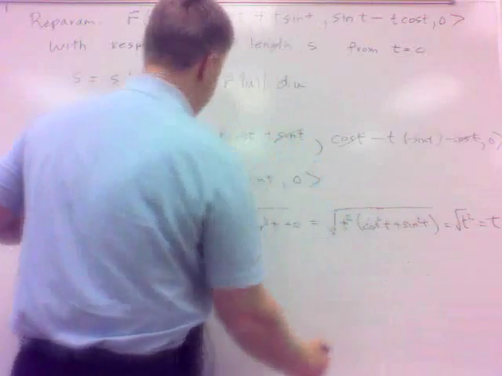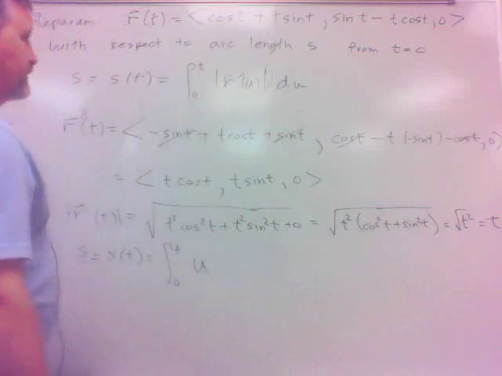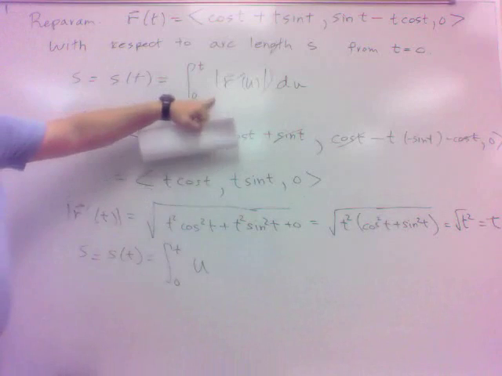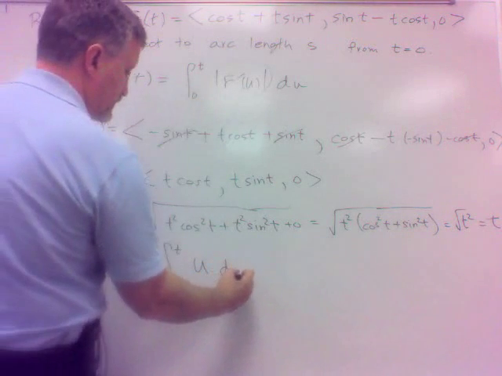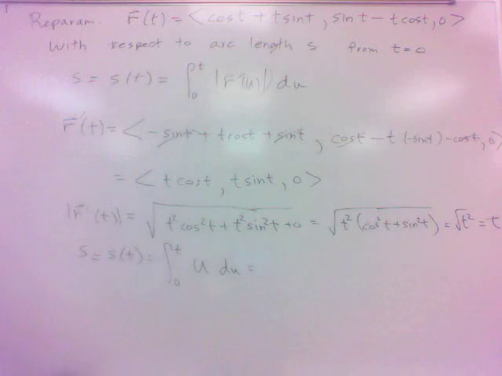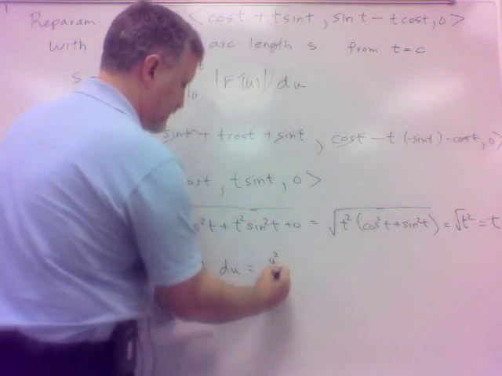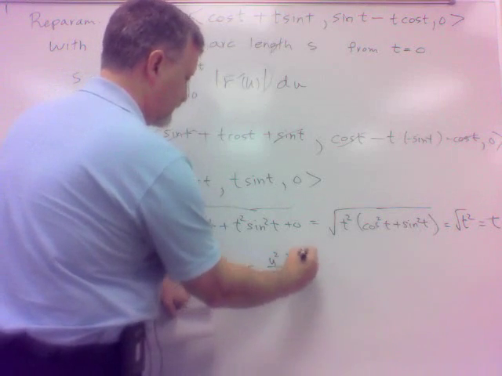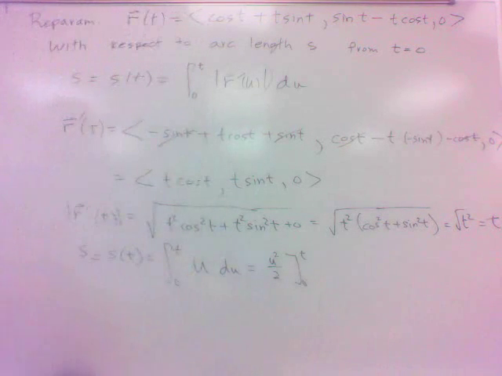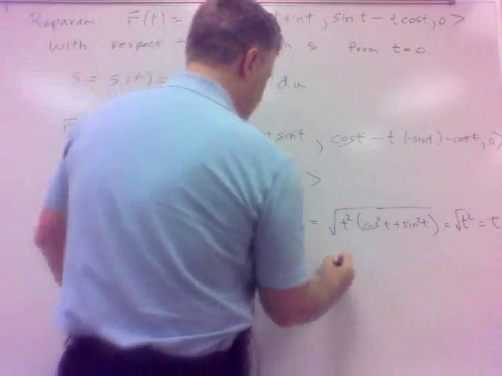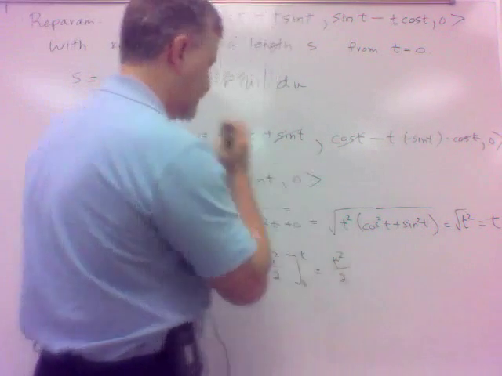We integrate u, so u squared over 2 from 0 to t. That's t squared over 2.